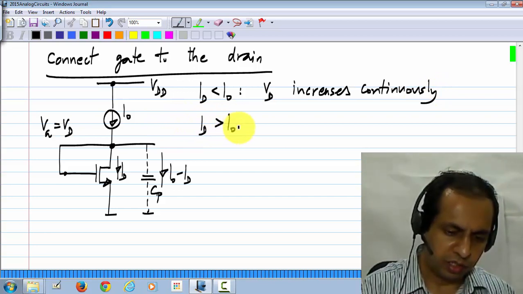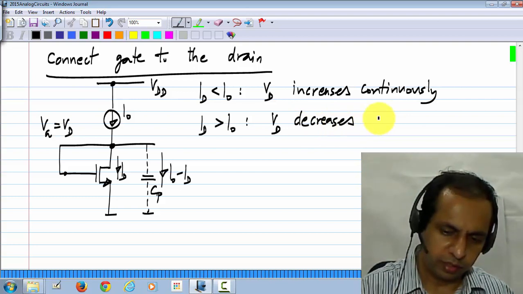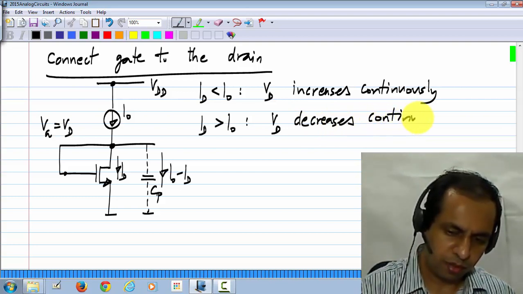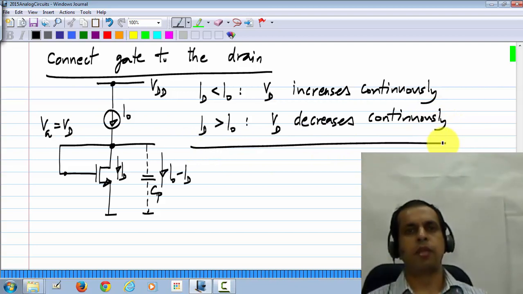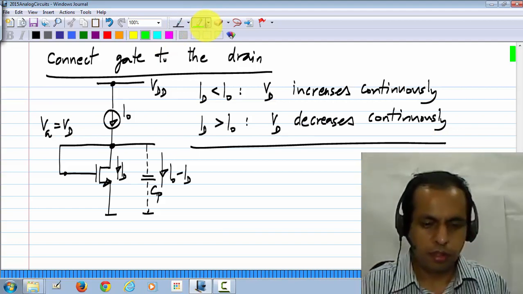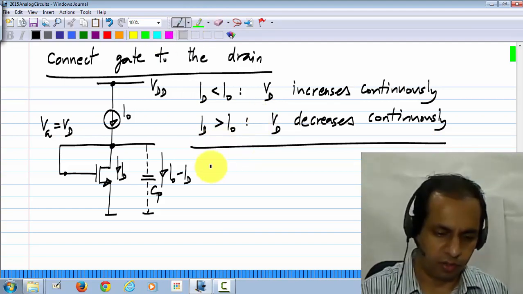And if ID is greater than I naught, VD decreases continuously. Okay. Now, when does VD stay constant? VD will stay constant only if ID exactly equals I naught.